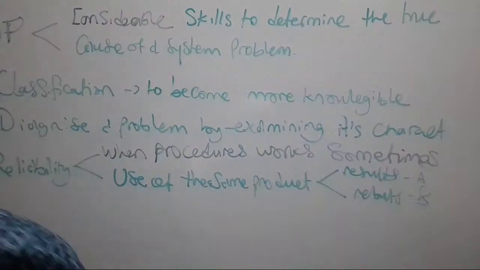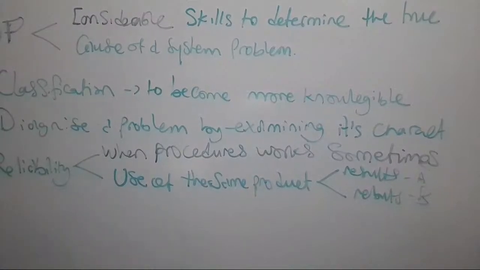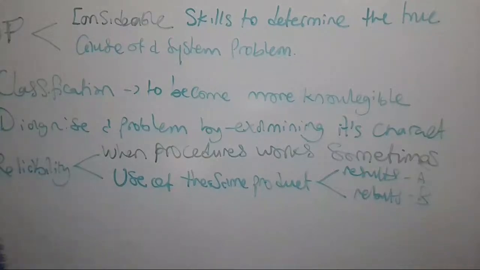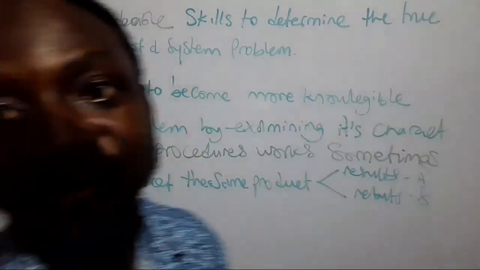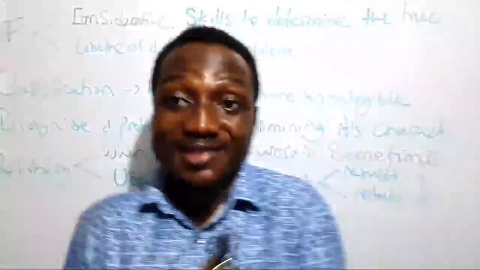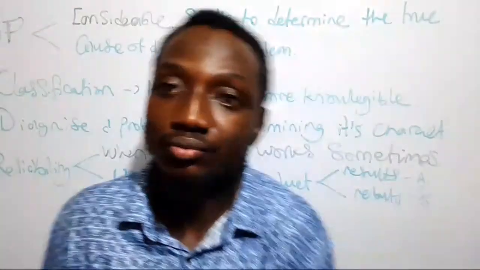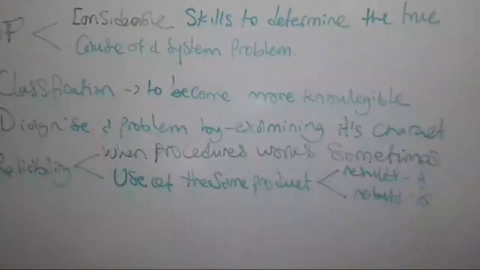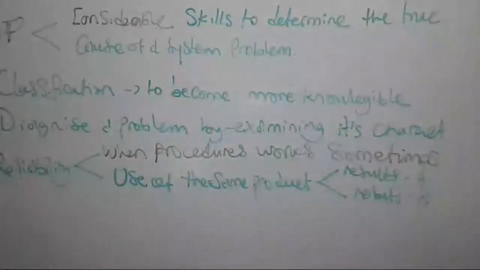Now, analysts must work continually to improve the reliability of systems. Sometimes a system that was once reliable might become unreliable. So it is the responsibility of the system analyst to work continually, consistently, to ensure that the system holds its quality.